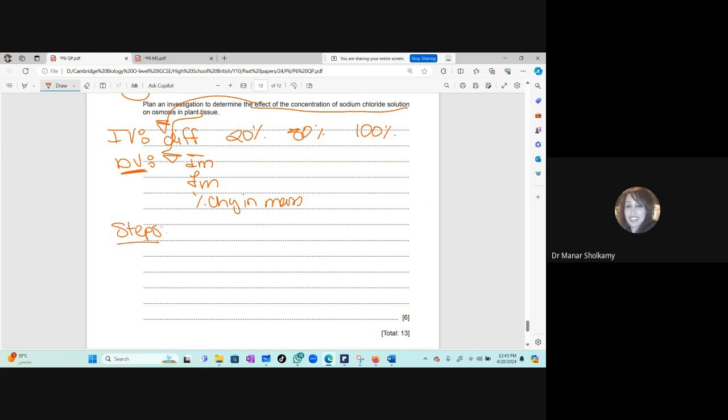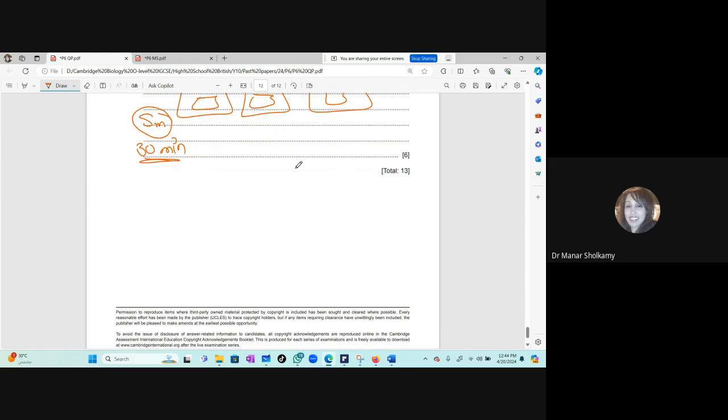I'm going to get potato of the same size and the same type, different pieces of potato. And I'm going to start by measuring the starting mass of every potato. I will put it in this concentrated solution of different concentrations for 30 minutes. So I'm going to make the timing also constant. And then I will get the potato out of the solution.